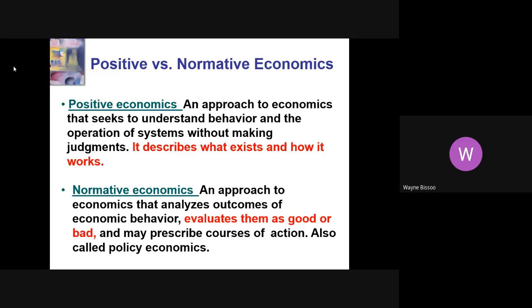And more importantly, you can see that we're going to focus a lot of our attention on positive economics and microeconomics. And normative economics is going to come up more in macroeconomics because we're going to be analyzing policy prescriptions from government, but we'll leave that for macroeconomics. But the combination of the two makes for useful evaluation of the economy and economic activity in a country.